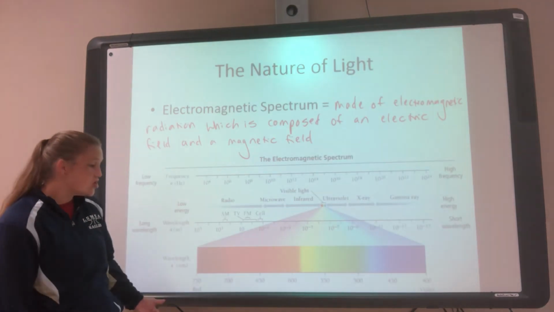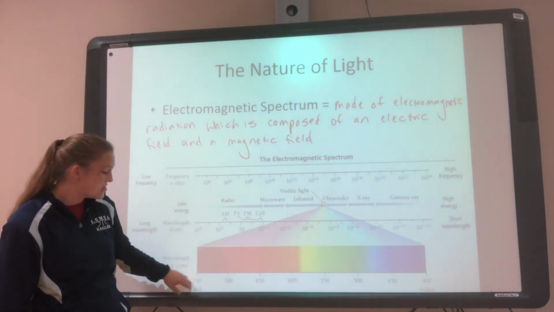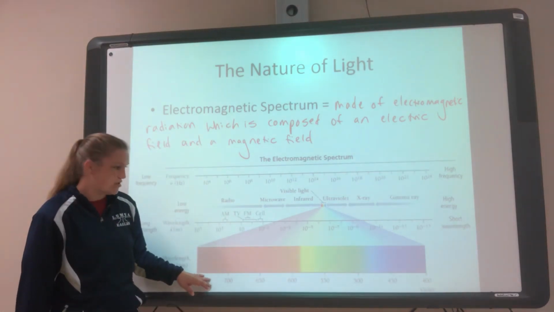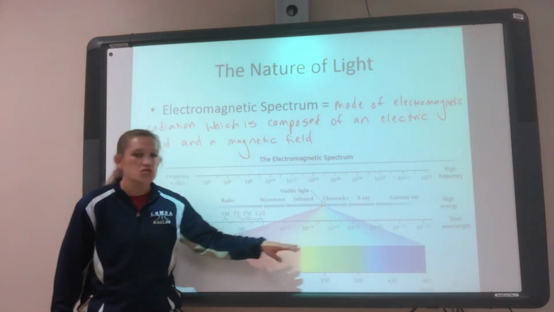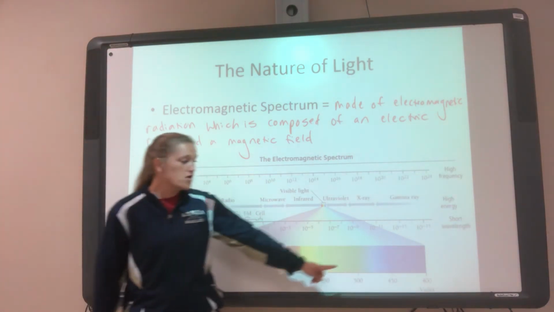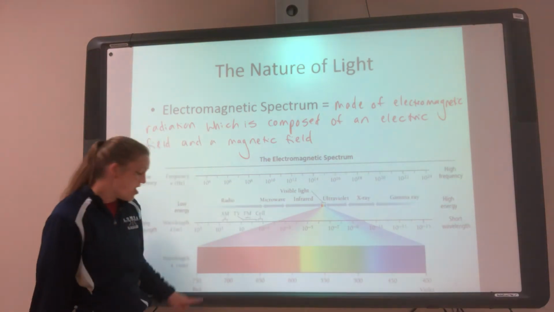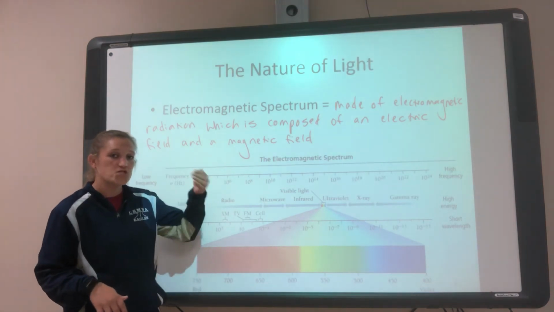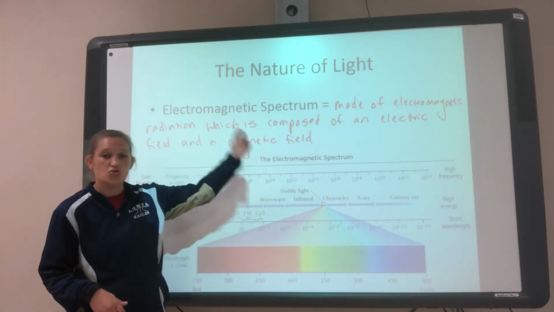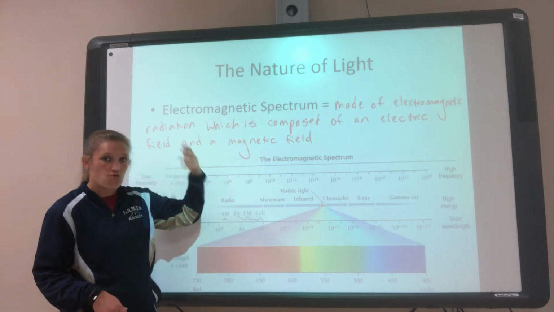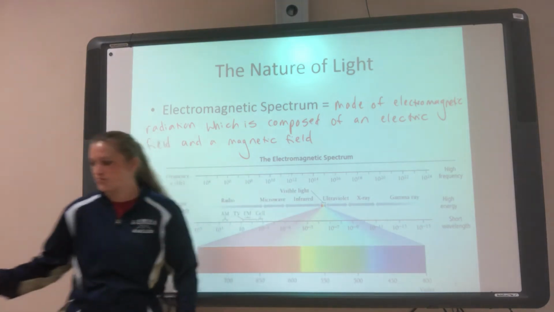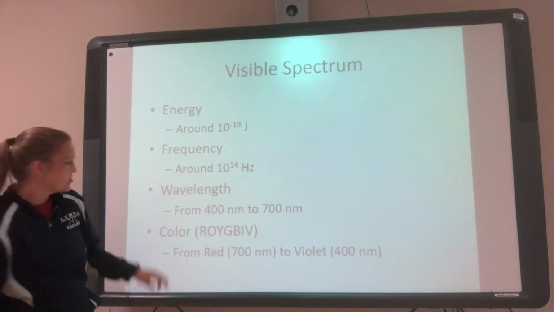Wavelength, I want you to know the wavelength. I want you to know that it's 400 to 750 nanometers. I want you to know the range, and I want you to know that 400 is violet and 700 to 750 is red. So when we say Roy G. Biv, we're going high to low. The R, our red, is the high wavelength, down to the lower 400. So I want you to know this.